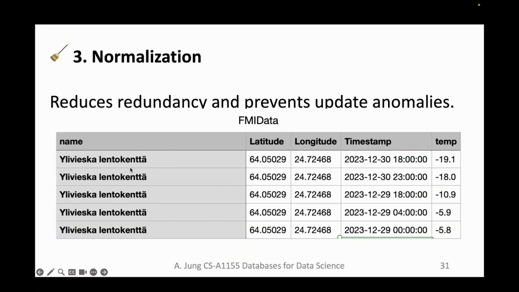And in the other table, we only refer to the weather station using its name or some ID. So this will be the core technique to normalize a database: often it is to break it into smaller relations that have less redundancy.